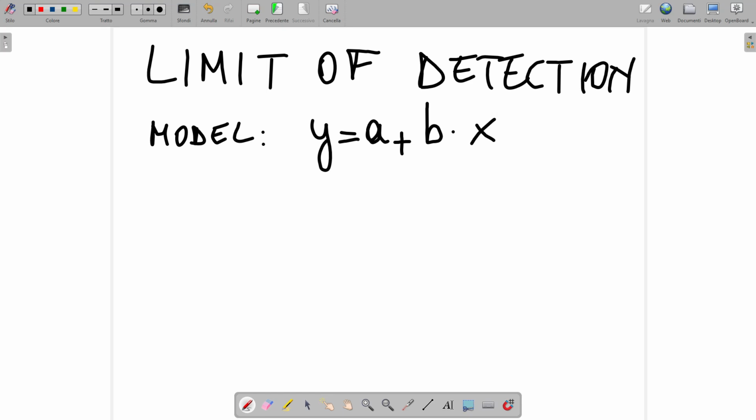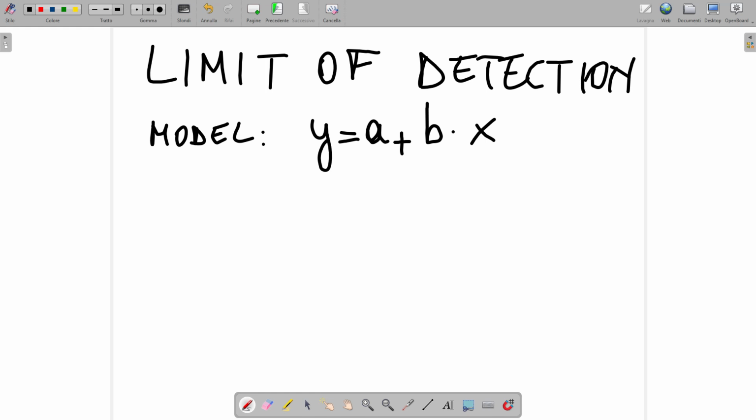In the example of chromatography, y is an area and x is the concentration. In the example of spectrophotometry, y is an absorbance and x is a concentration. So from this point on, I will call y the signal for simplicity. So y is our signal.